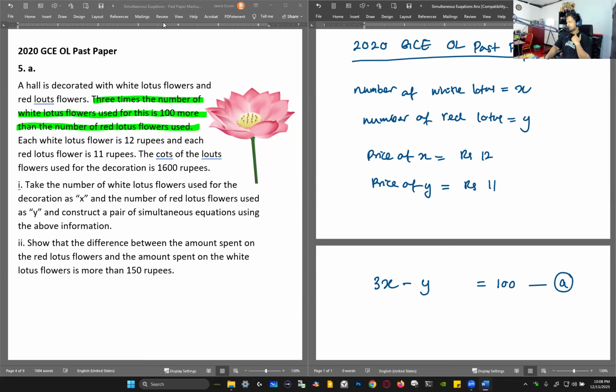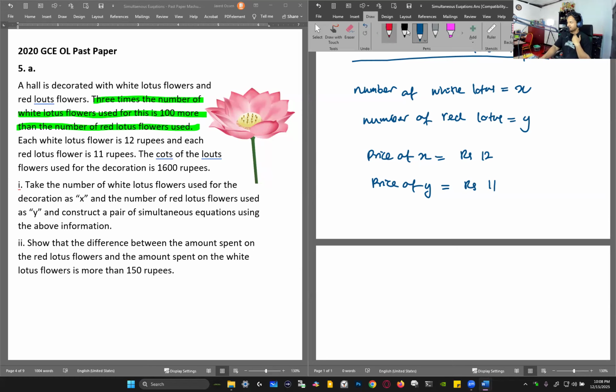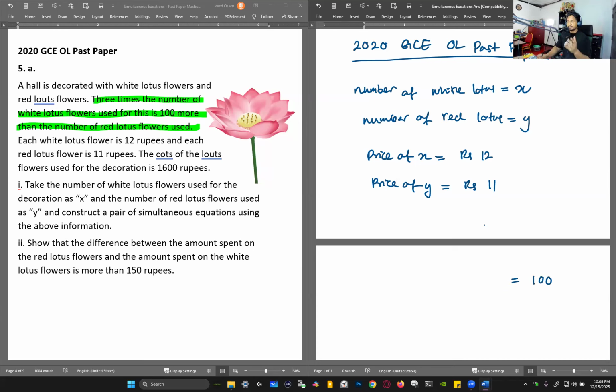That was easy, right? I'll do it again if you guys want, but it's very easy. Remember that there is a difference. That means on one side we've got 100. 3 times the white lotus flowers means 3x.